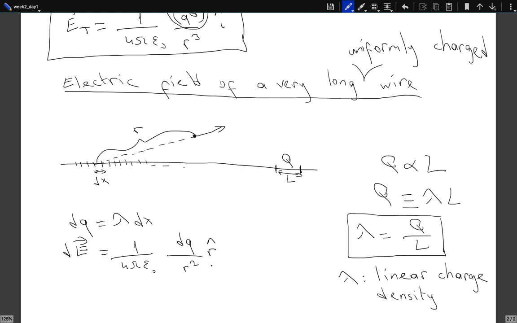Of course, if we want to calculate the total electric field at this point P, I have to sum over all these segments, which will be a sum of 1 over 4 pi epsilon 0 dq over r squared times r hat.